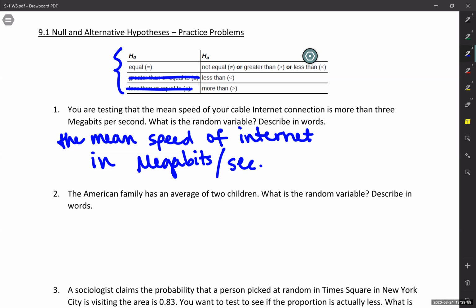All right, so we can tell based off of what we just wrote that we're talking about the mean. We're taking the mean, we know what it's of, and we also know the unit. So all 3 things will be important as we move into the next section and do a full hypothesis test with a conclusion.